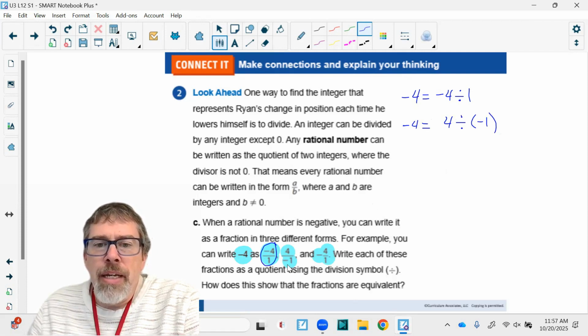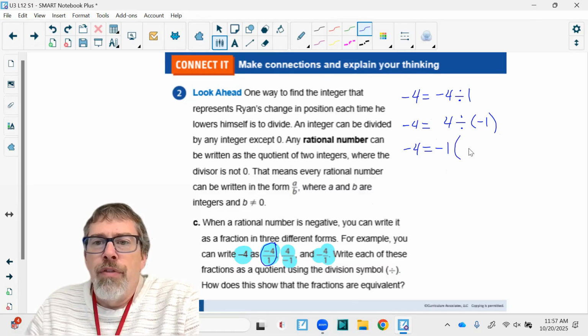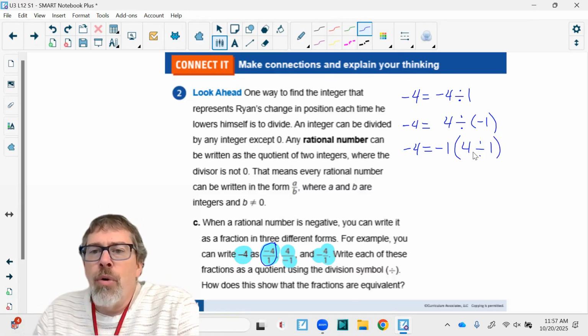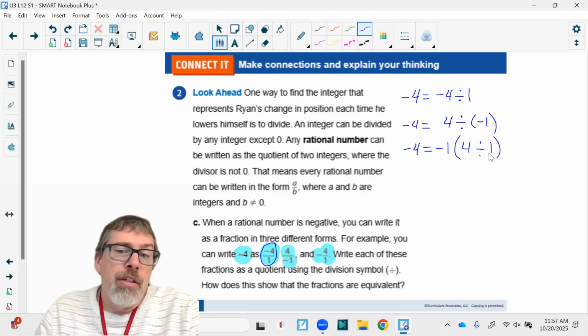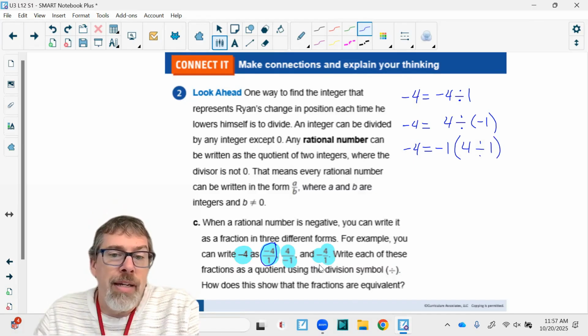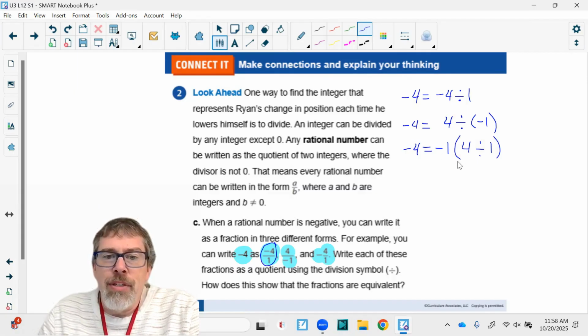So the bottom was negative here. And this one here is -4 equals a -1, if you will, times 4 positive divided by 1 positive. So our order of operations says to do the parentheses first. So 4 divided by 1 is 4, and then multiply by -1 to get us this negative. Okay, and that is how these are all equivalent.